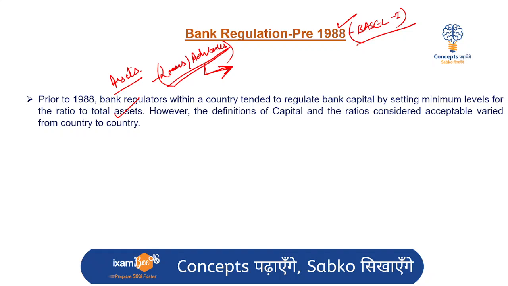So earlier, banks did not have any stipulated ratio or stipulated definition of capital to be maintained against their total assets. Also, whatever ratio was considered varied from country to country. Some countries were following the regulations more diligently, but some other countries were not.